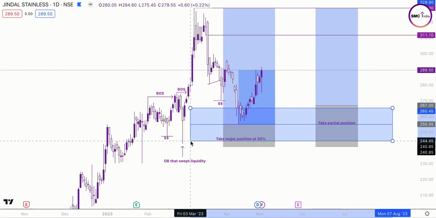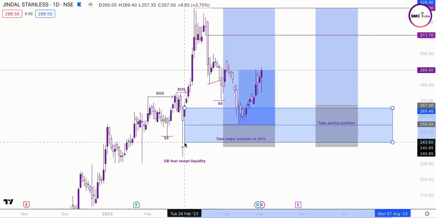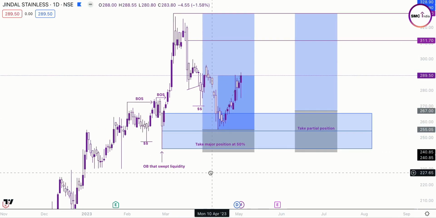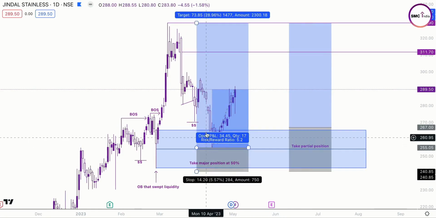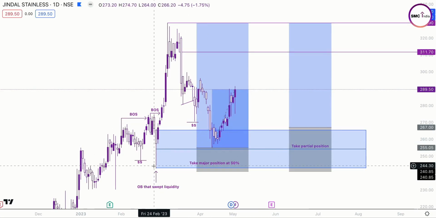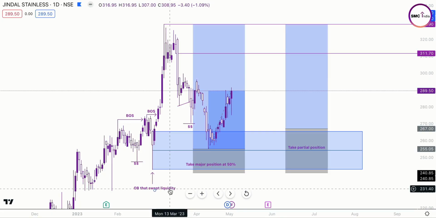You could see that this is a very valid order block, and you take this order block, put your positions, and as an SMC trader, you mark this as a valid order block and you take the trade. There are many trades that I've showed you where the order block sweeps the liquidity, and I've written that here like this, order block that sweeps liquidity, and it adds as a very important confluence.